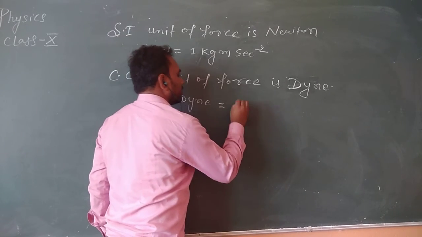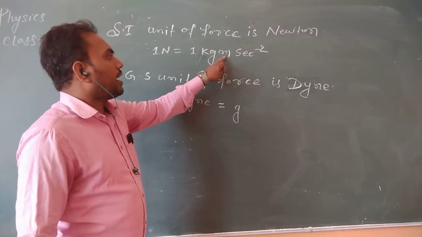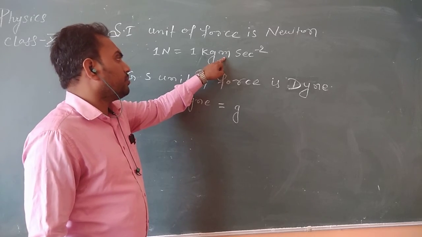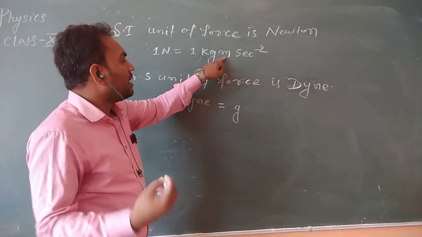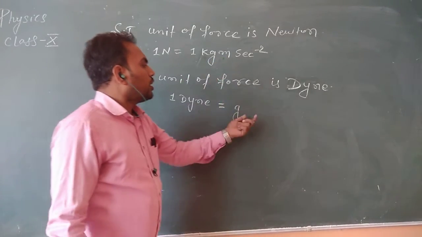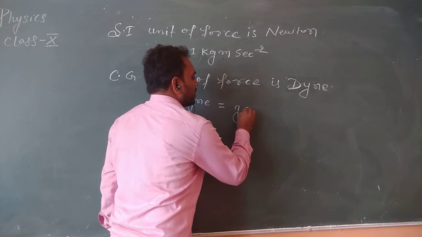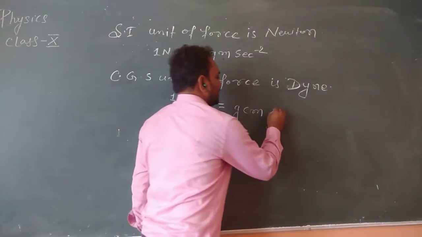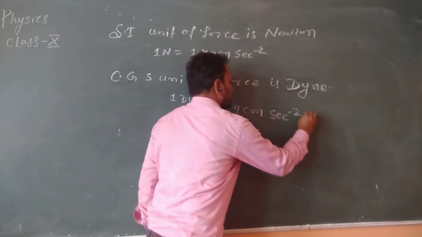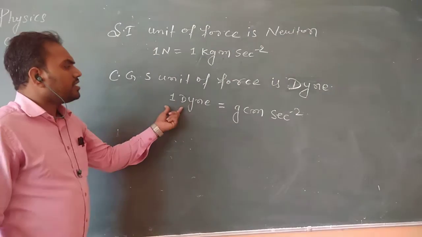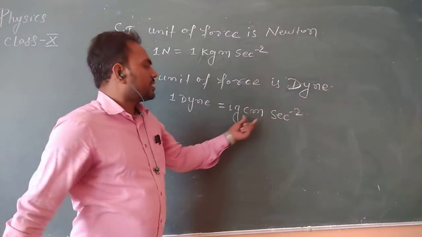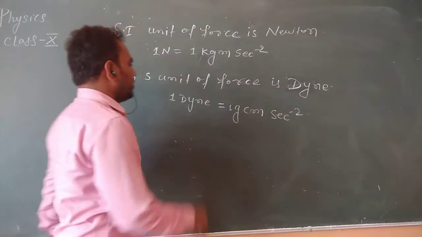So you will take gram. The SI unit of length is meter, so for CGS you will take centimeter. Second will be the same as it is. So 1 dyne is equal to 1 gram centimeter second inverse square.